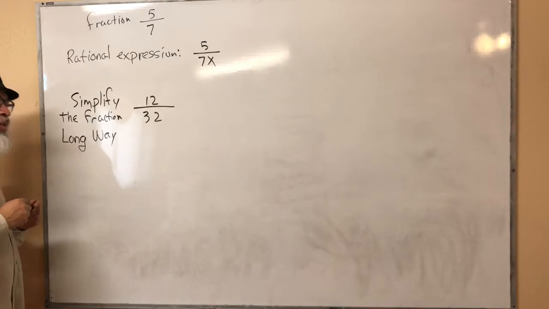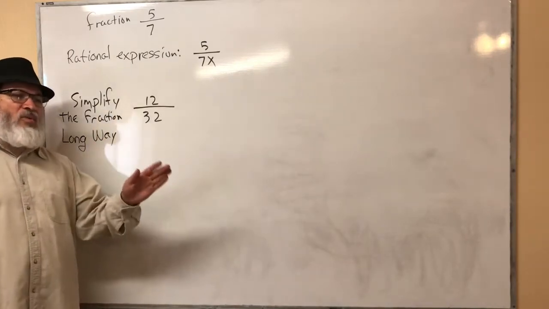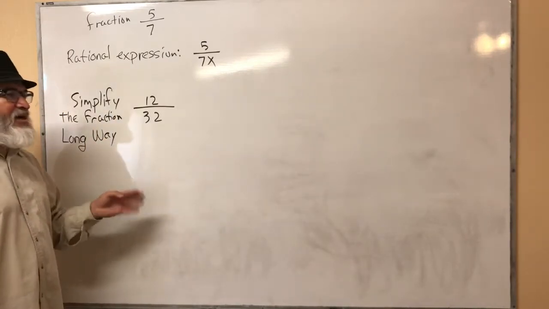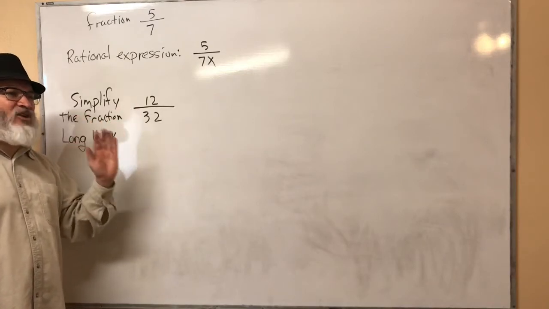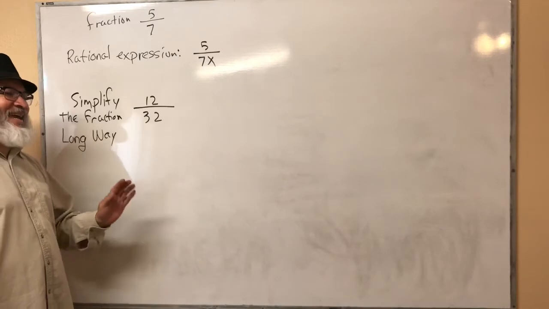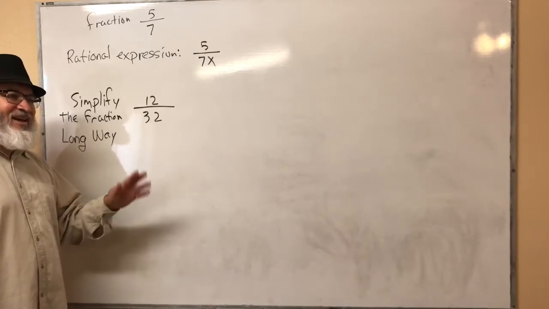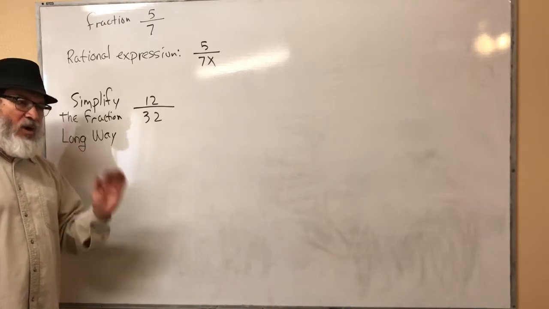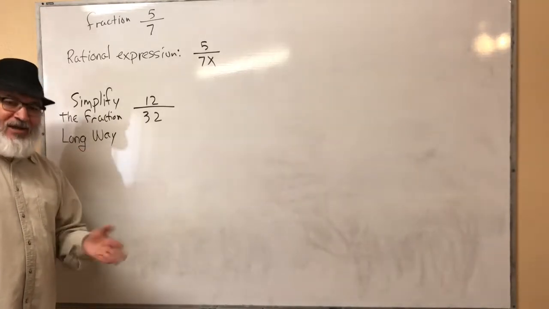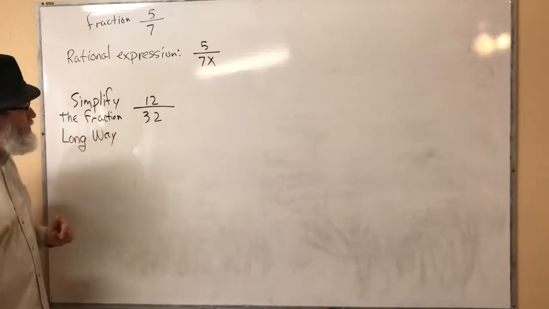And what's the long way? The long way is to take the numerator and find its prime factorization, take the denominator and find its prime factorization. That's the long way. I want you guys to do it the long way, and there's a reason for it.